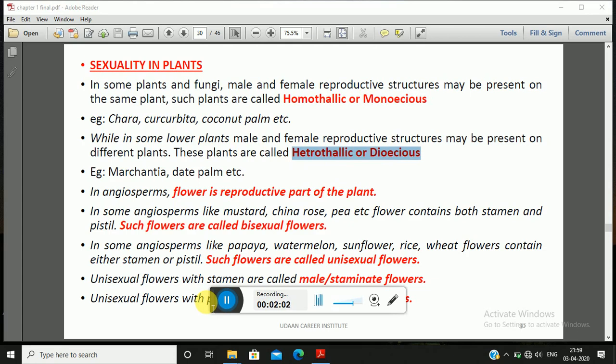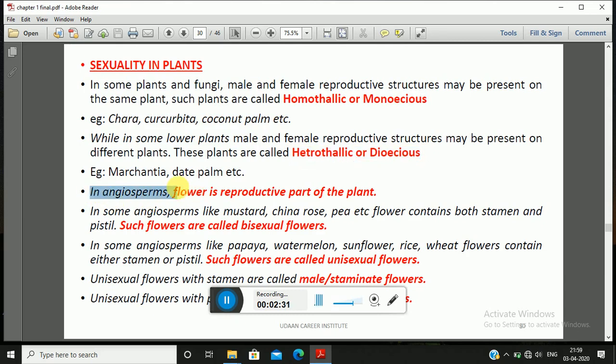Homothallic plants are those in which male and female reproductive structures are present in the same plant, whereas heterothallic plants are those in which they are present on two different individual plants. Chara, Cucurbita and coconut palm are examples of homothallic plants, whereas Marchantia and date palm are examples of heterothallic or dioecious plants.